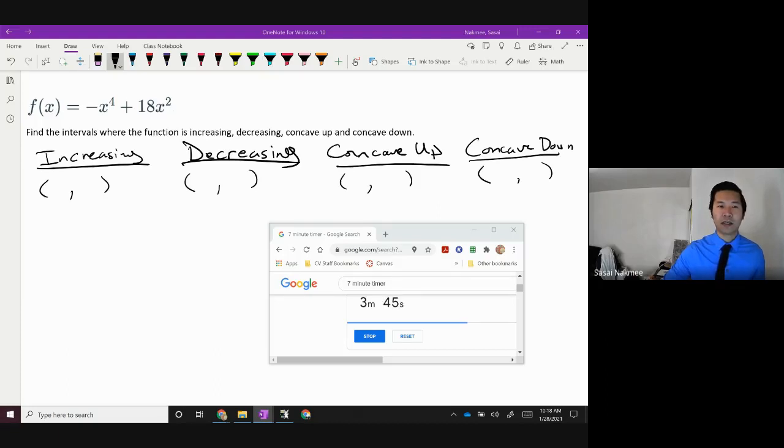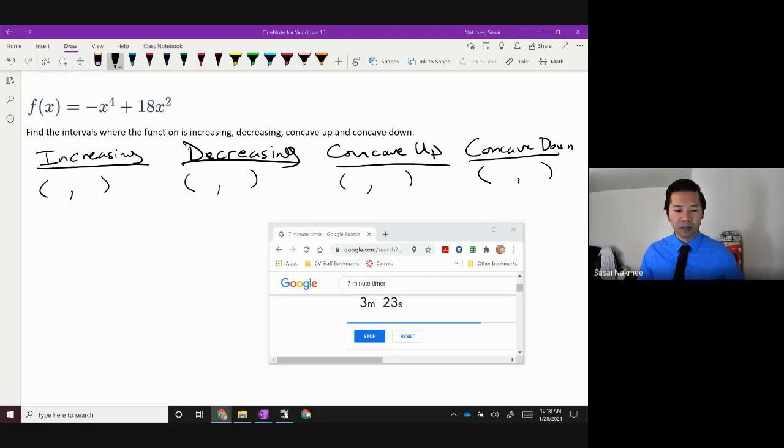Yeah, I think that's it. Is it 2 to both? Actually, hold on. Let me double check. Okay, yeah, 2 to each. That should be right. And then the hard part, second derivative, concave down ones.